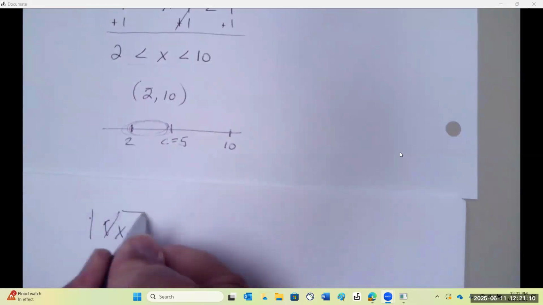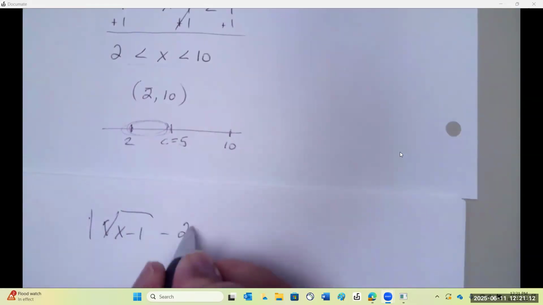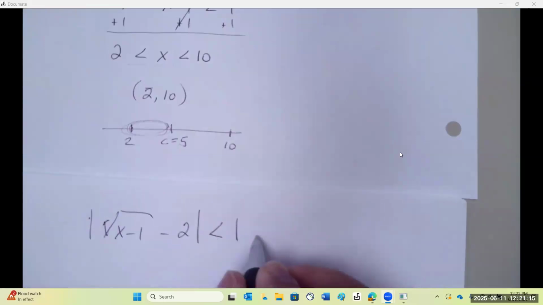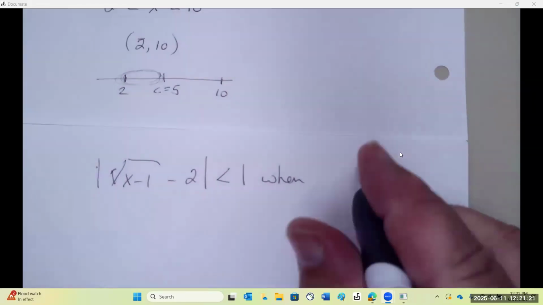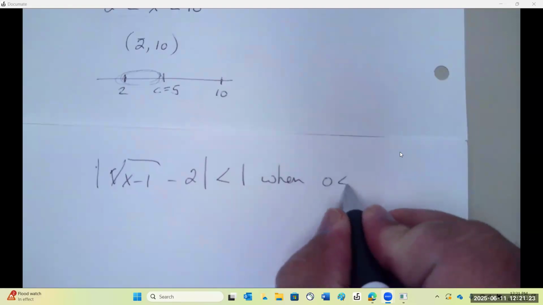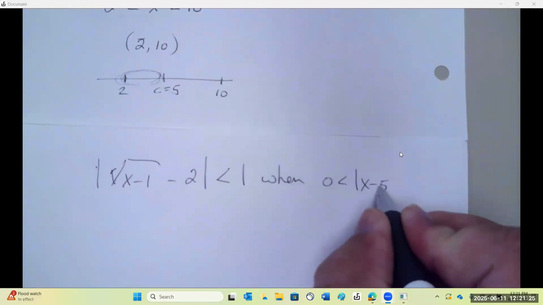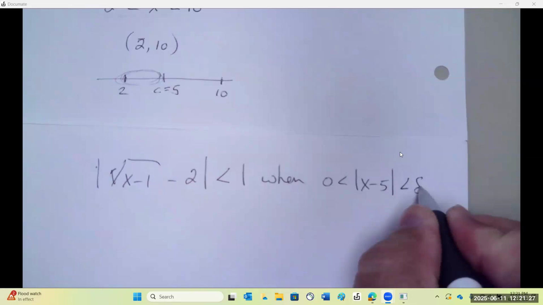So what we're going to do there, we have our function, |f(x) − L| is less than 1, whenever we have |x − 5| is less than delta.